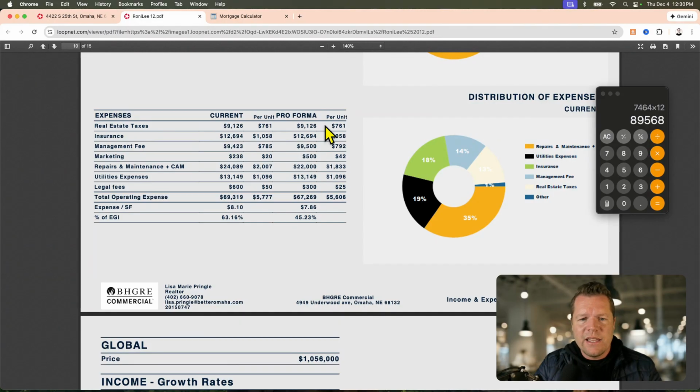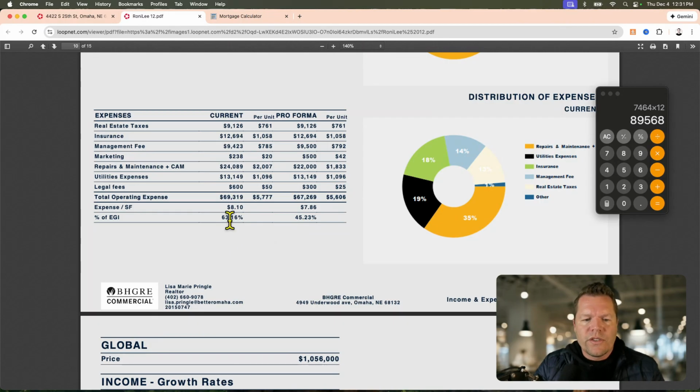So let's say, even best case scenario, the property taxes go up $5,000, the insurance goes up $3,000, the management fee goes up $2,000. Let's say there's $10,000 more expenses per year in here than what they are projecting. So your operating expenses are going to be $77,000. So let's just keep that in mind, okay?